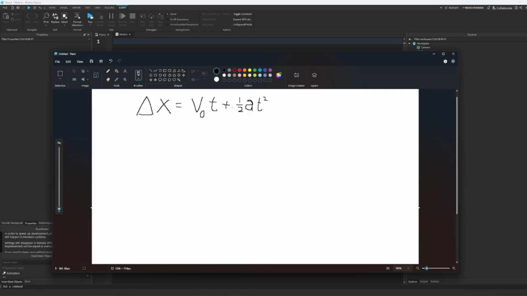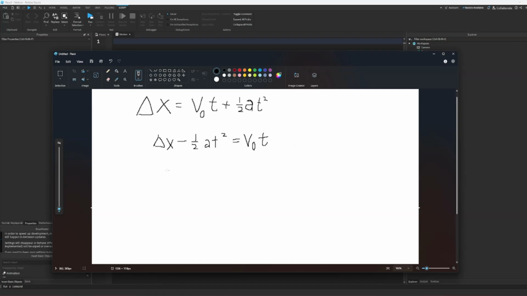So we can subtract this term on both sides, and we will be left with this, or I guess I'll write it this way. So the delta x stays the same, and then we just subtract this over, and we get this, which is equal to v naught times t.